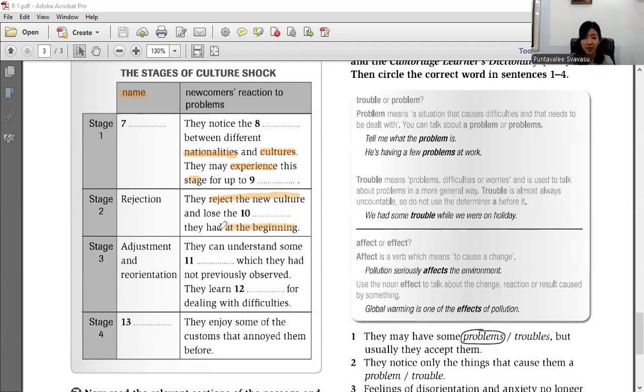Number 11, they are not previously observed, like this part. And number 12 is learning, dealing with difficulties. So these are the content that you should scan the text for and try to match. Okay, so let's look at the answer.